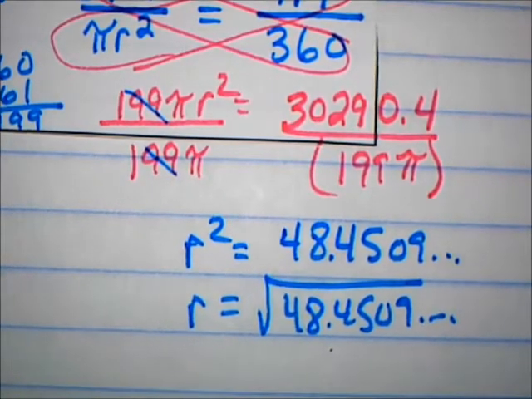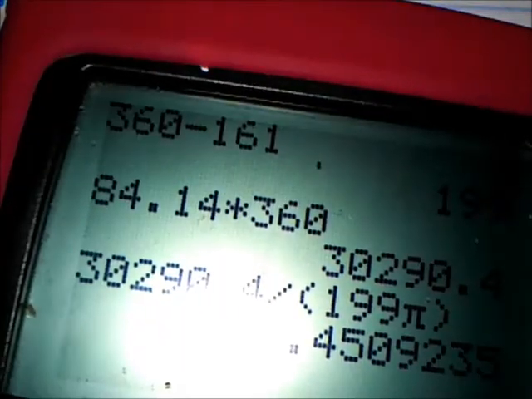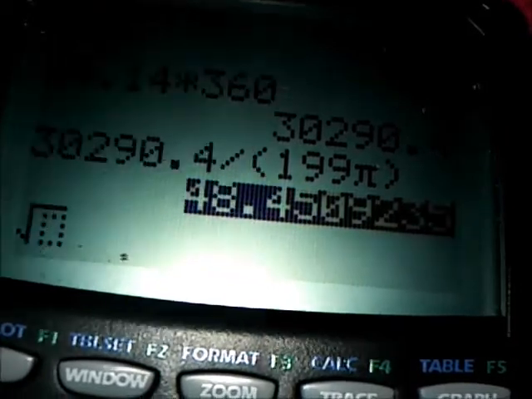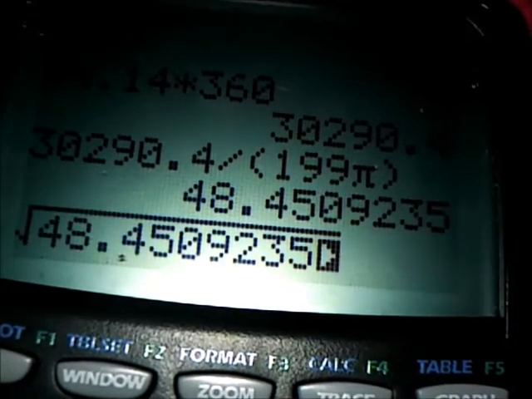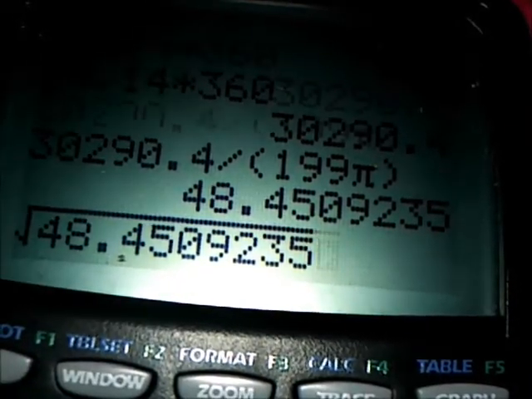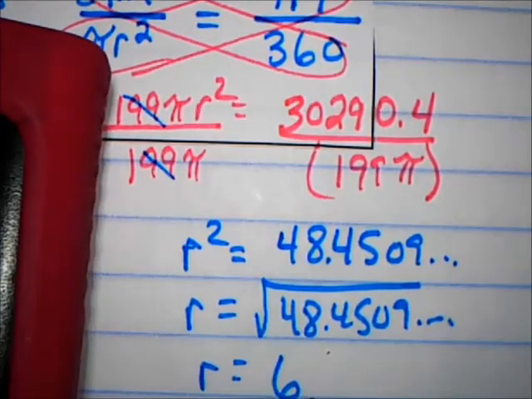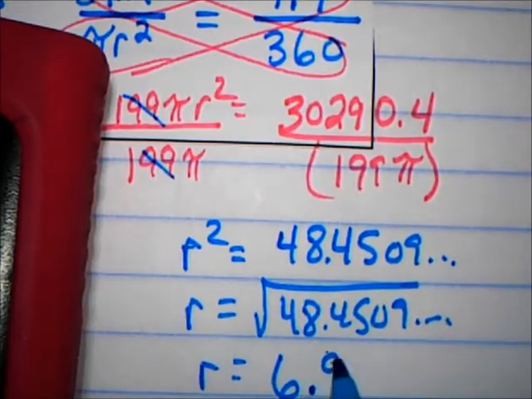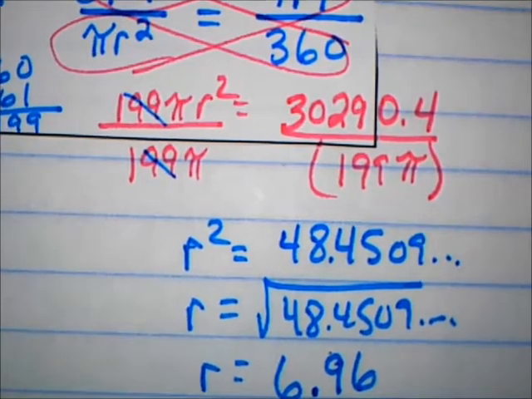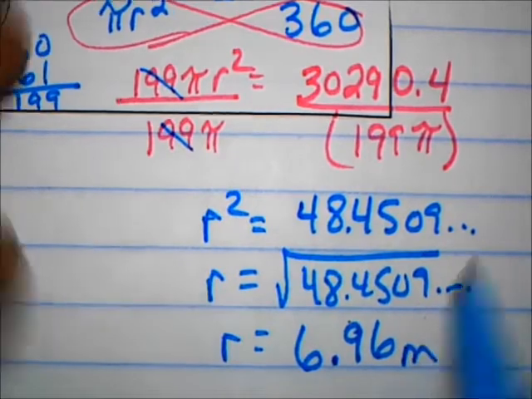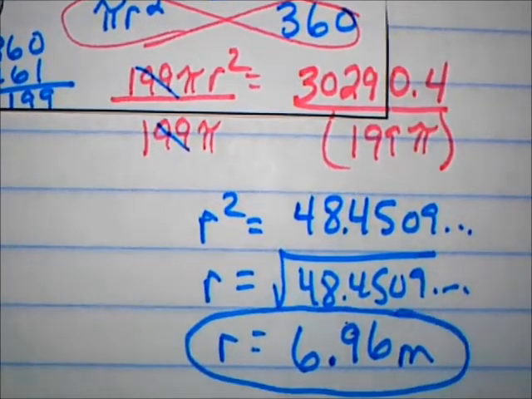So I go to my calculator, do the square root, then go up and grab that number and enter. That way I have the number in my calculator, and that says the radius is 6.96, and my units on this are meters, and that would be your answer.